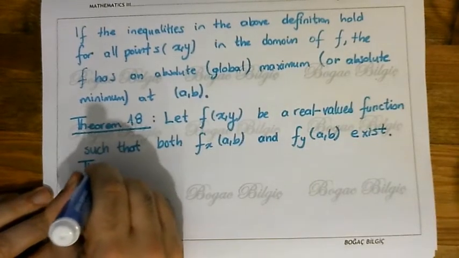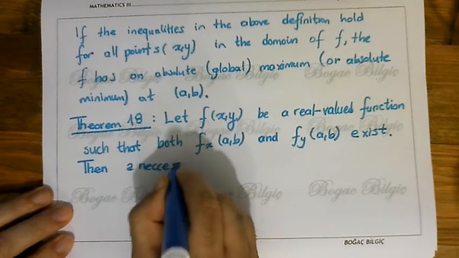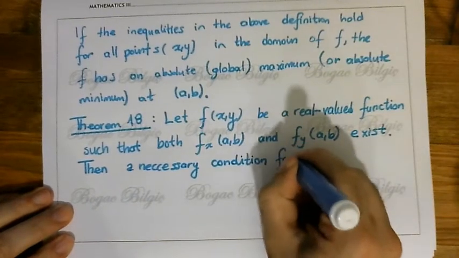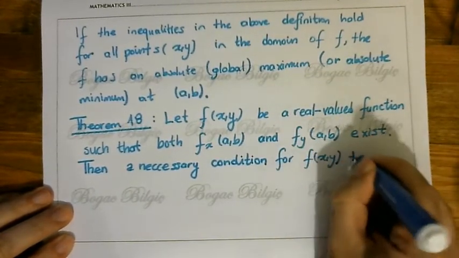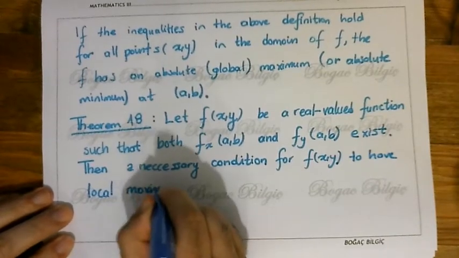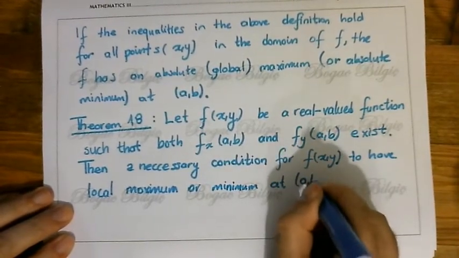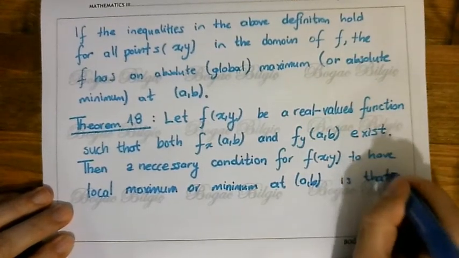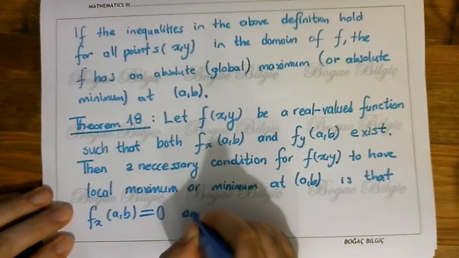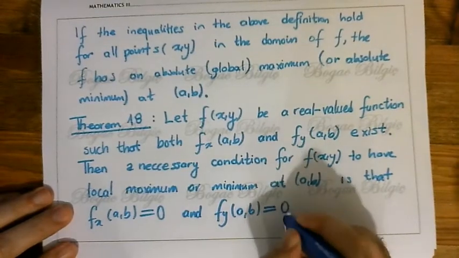Then a necessary condition for f(x,y) to have a local maximum or minimum at the point (a,b) is that fx(a,b) is equal to 0 and fy(a,b) is equal to 0.